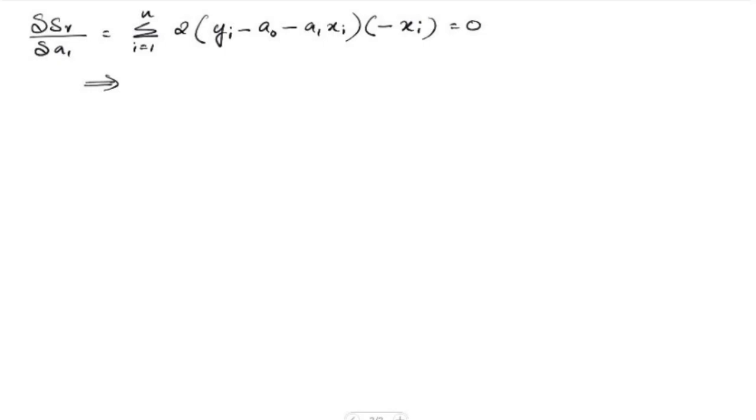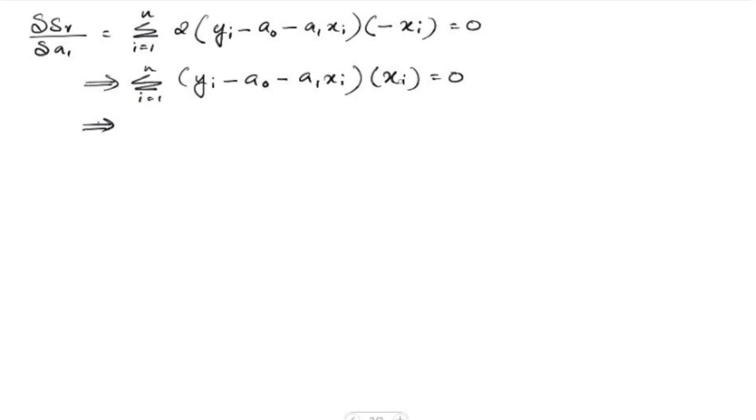So we'll have it more simplified now: summation of i equal to 1 till n of (yi minus a0 minus a1 xi) times xi is equal to 0.